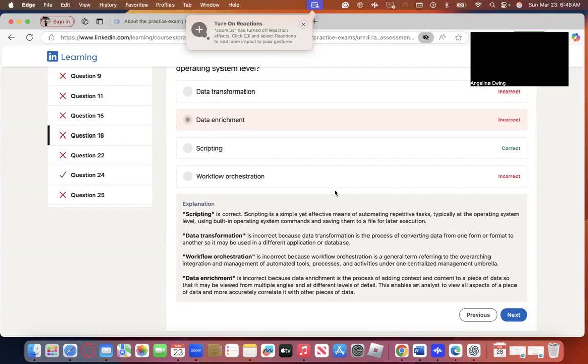Finally, data enrichment is a process of adding context and content to a piece of data so that it may be viewed from multiple angles and at different levels of detail. This enables an analyst to view all aspects of a piece of data and more accurately correlate it with other pieces of data.